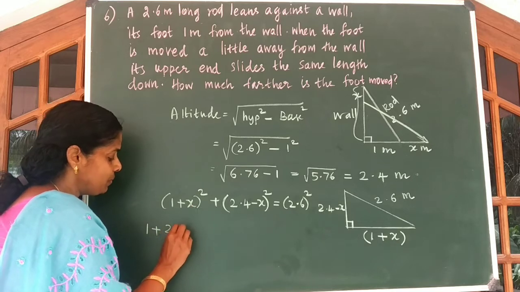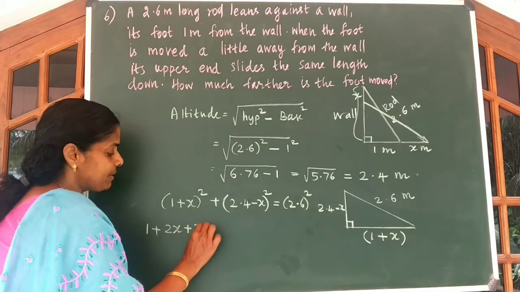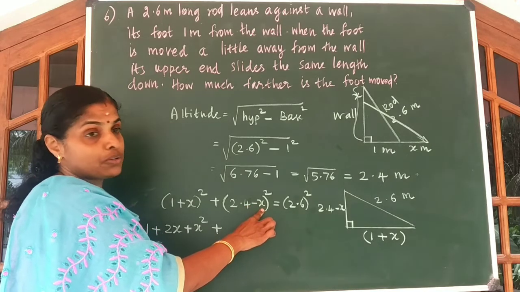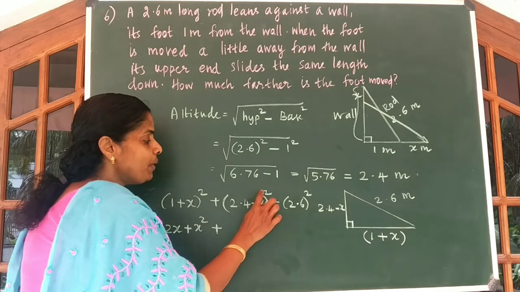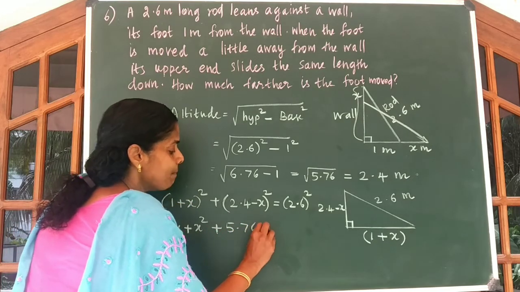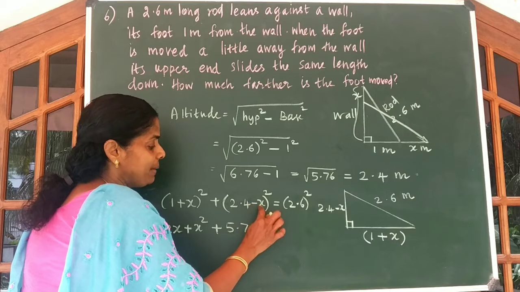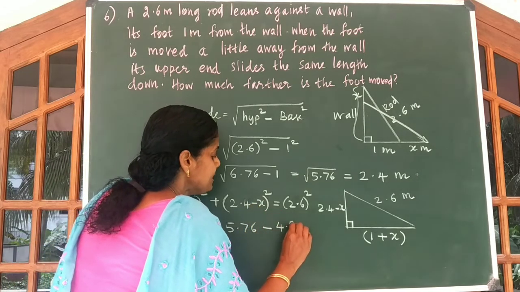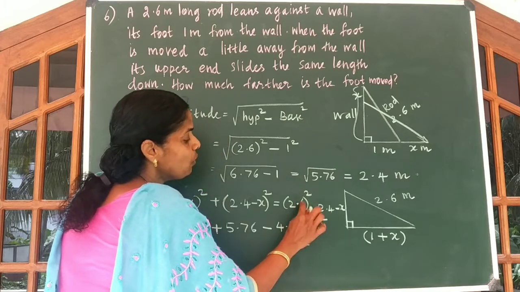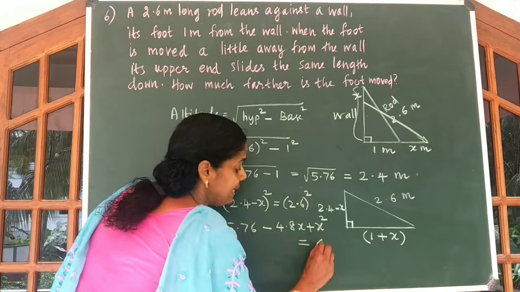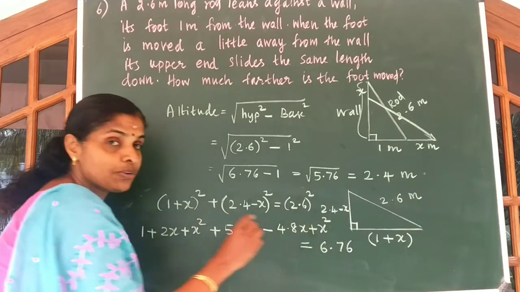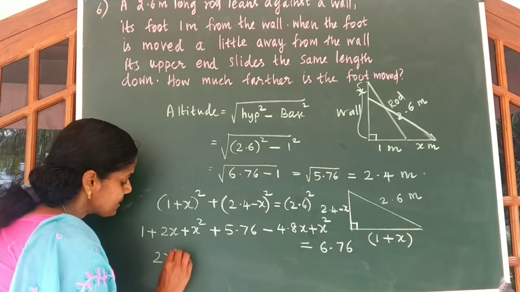into x gives you 2x plus x square, plus this is of the form a minus b whole square. So when you expand 2.4 the whole square gives you 5.76 minus 2ab, that gives you 4.8x plus x square is equal to 2.6 whole square, which is nothing but 6.76. x square plus x square gives you 2x square.